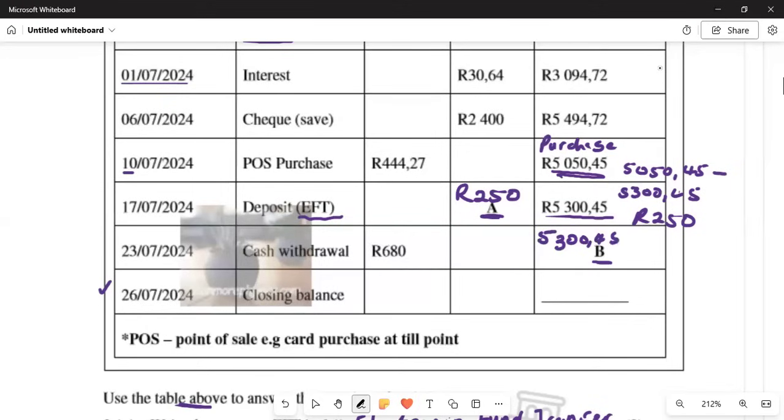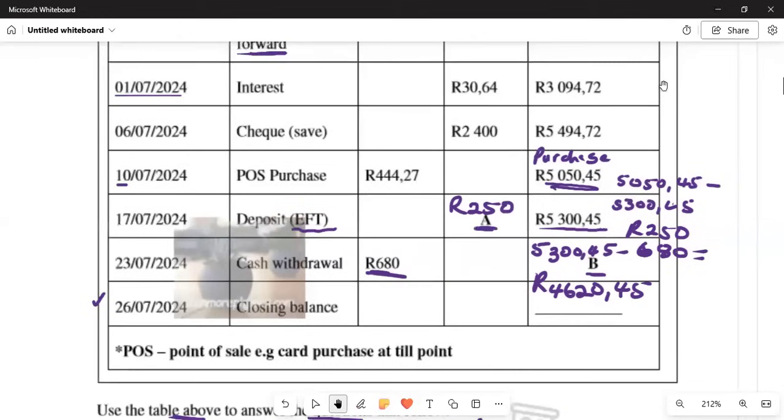We are going to minus the cash withdrawal of 680, and that equals 4,620.45. Then you get your marks. So that is the closing balance.